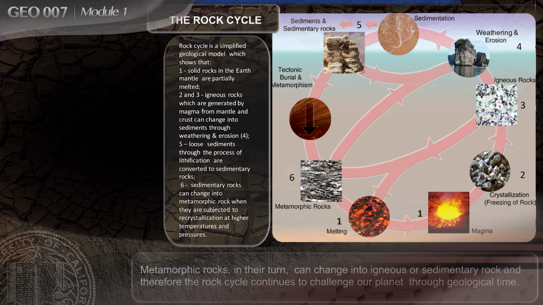Number 6, sedimentary rocks, in their turn, can change into metamorphic rock when they are subjected to recrystallization at high temperatures and high pressures. Metamorphic rock can change into igneous or sedimentary rock, and therefore the rock cycle continues to change our planet throughout geological time.